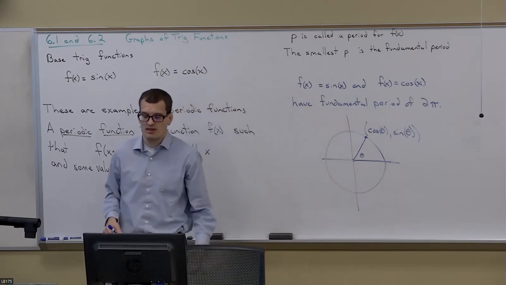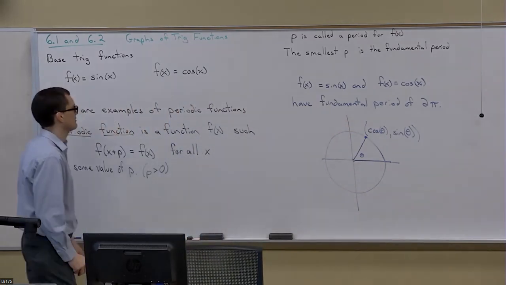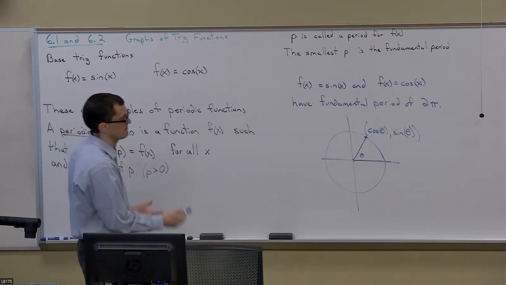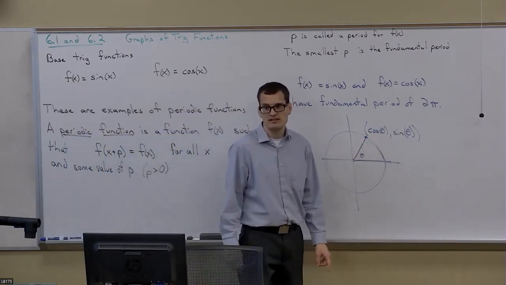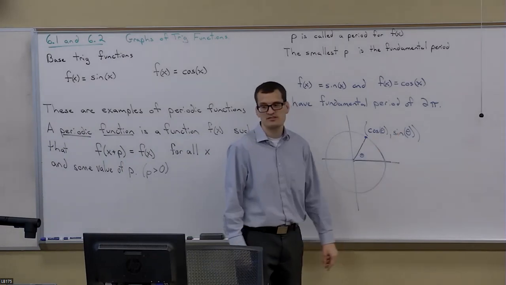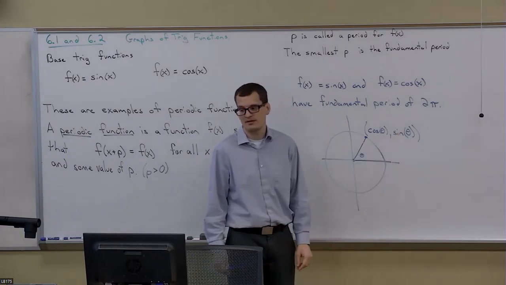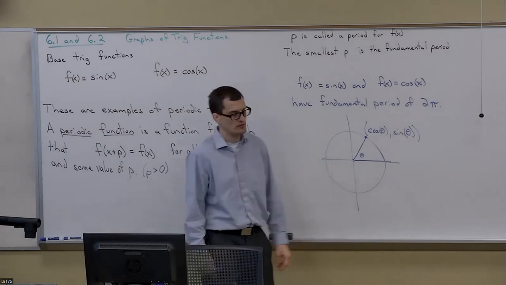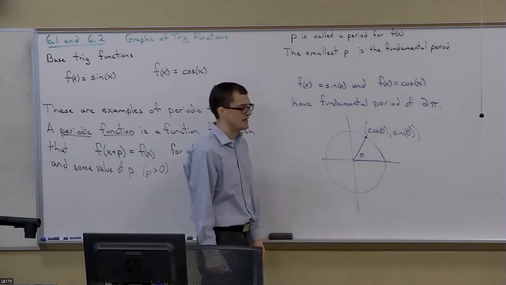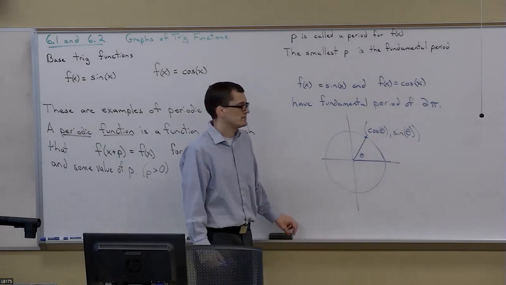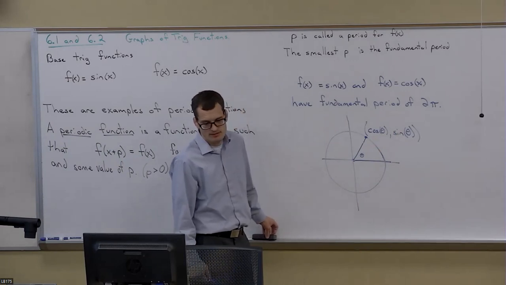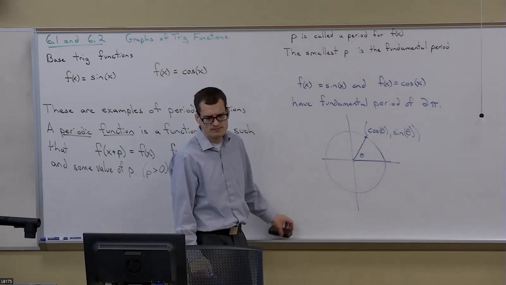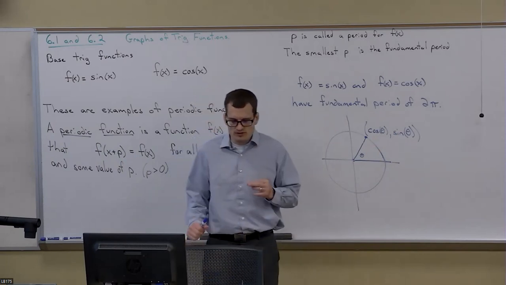So no matter where you're at on the circle, you add 2 pi to it, you get back to the same value of cosine, the same value of sine. So theta plus 2 pi is the same angle as theta. So those are periodic.